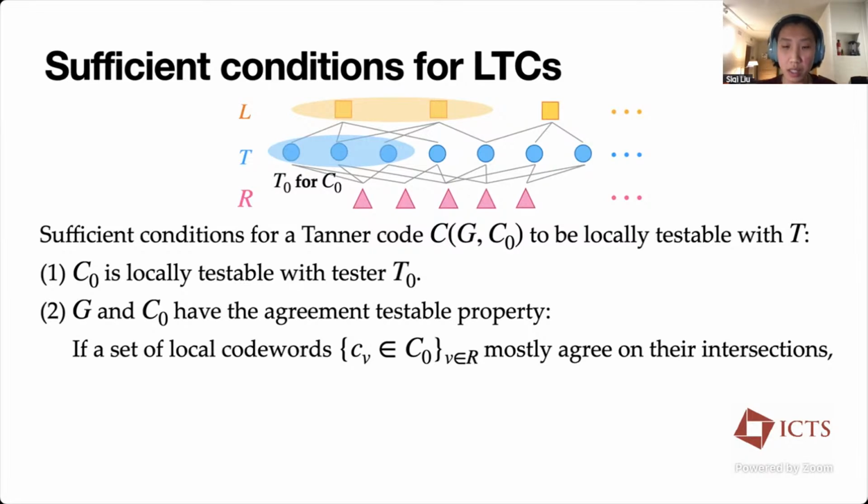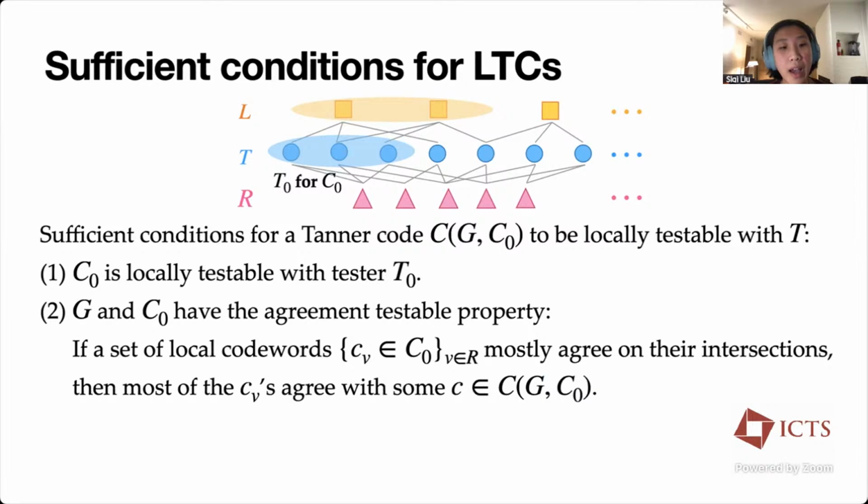So if most pairs of local code words with intersections actually agree on their intersecting coordinates, then there actually exists a code word C inside the tensor code, so that most of these C_v from this collection agree with C's restriction to the neighbors of v.